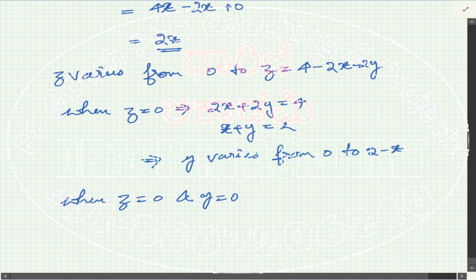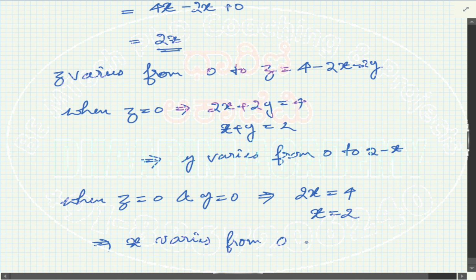If you use z equal to 4 minus 2x minus 2y, we get 2x equals 4. So this means x is equal to 2. In the sense, x varies from 0, which is already mentioned as one of the extreme points, and goes till 2.